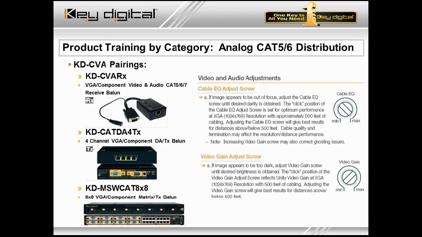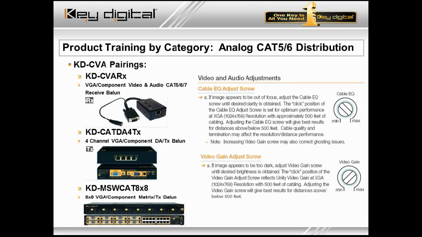So it's not only going to adjust your brightness, but also if you're going a very long distance and you don't have quite enough gain, you turn that clockwise, boosting that gain level. Depending on how the display responds, and it's going to behave differently by manufacturer, now your display senses the signal there, and voila, you have picture.